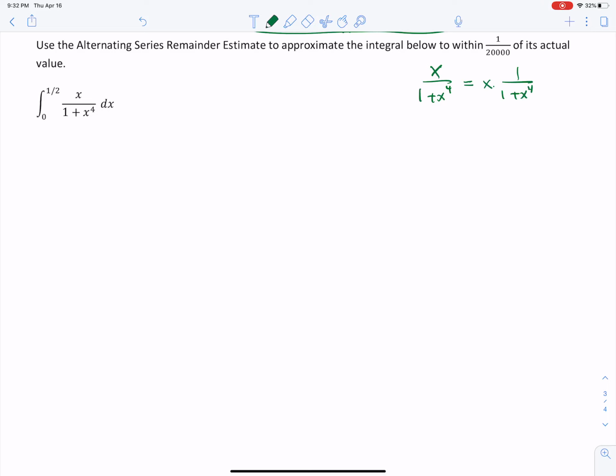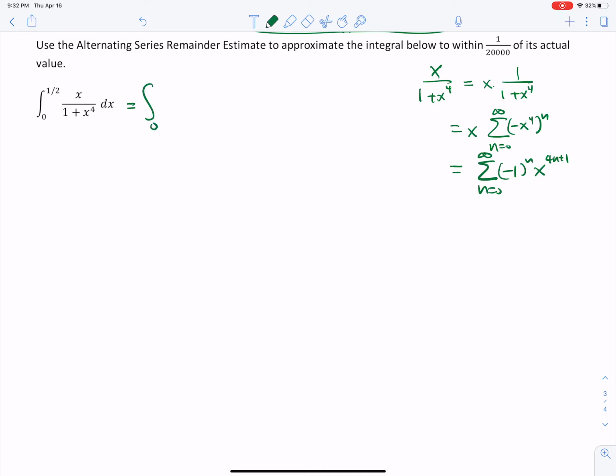I want to think about this as x times 1 over 1 plus x to the fourth, and that's going to be x times summation n equals 0 to infinity of the opposite of x to the fourth to the n, which I'm going to be able to simplify. We've seen something like this before. Summation n equals 0 to infinity of (-1)^n x^(4n+1). So that's our power series representation for what we're integrating.